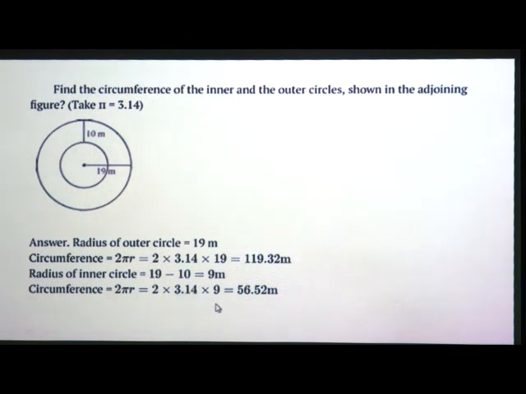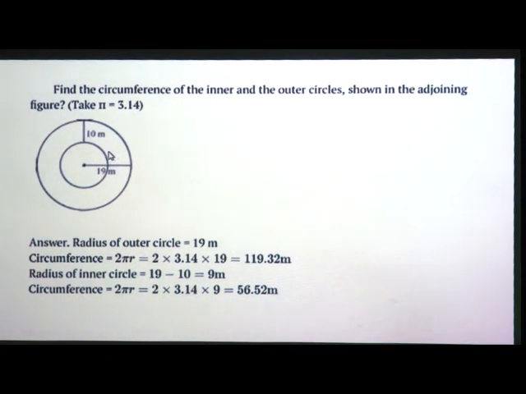So, we get the product as 56.52 meter. Again I will repeat, it is a circumference, so we write it in meter. So, we have calculated the circumference of the inner circle as well as the circumference of the outer circle.